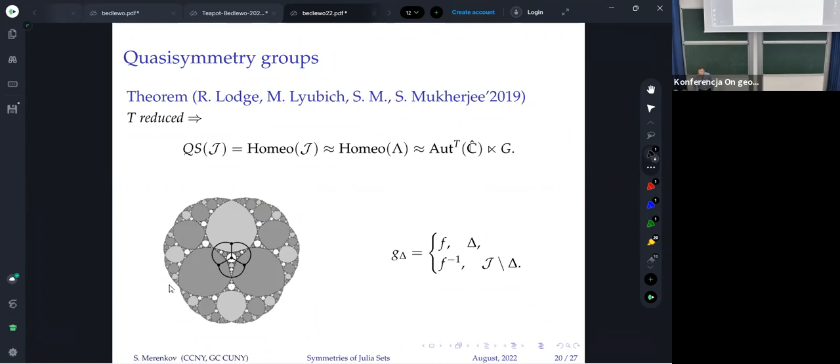So you can really describe the maps. And these are all of them. There are also infinitely many, but the topological and quasisymmetric groups are the same in this case. They're countable. Yes, so here you will have a countable group.